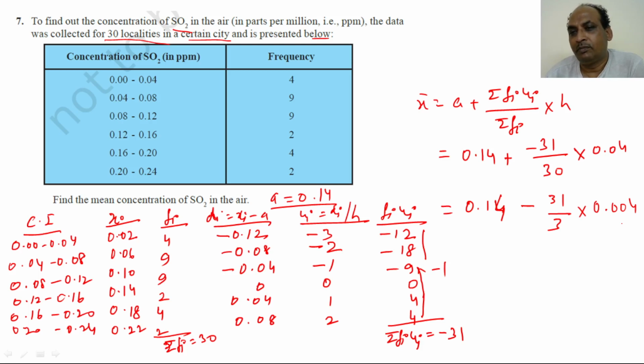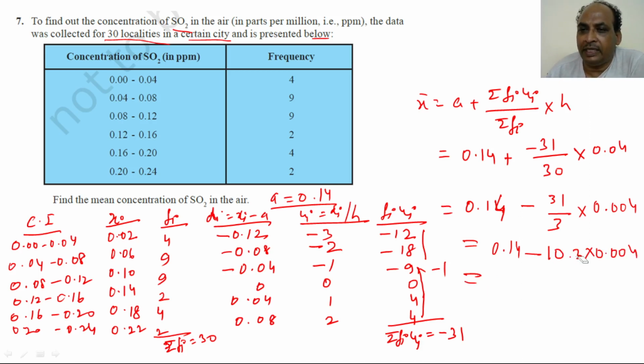Taking it as 10, approximately 0.14 minus 0.04, so 0.10 will be the mean.